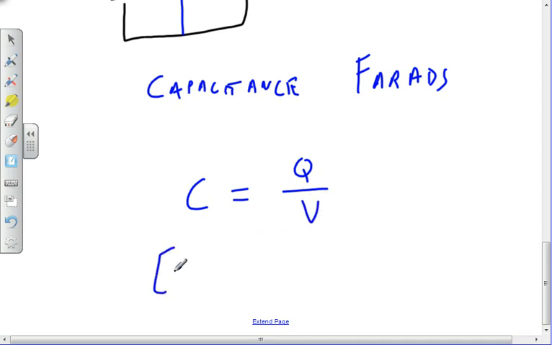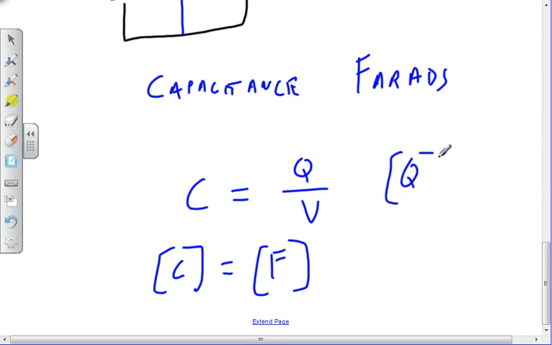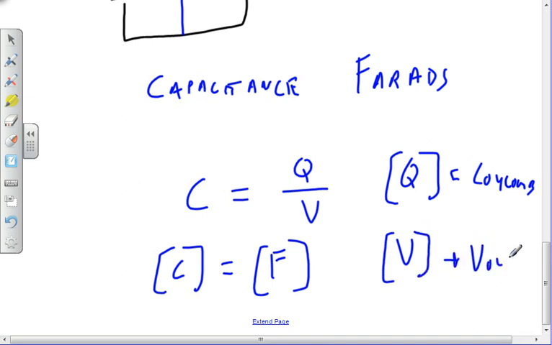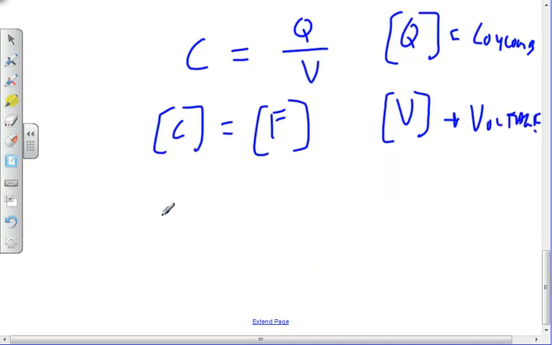The capacitance has a unit of farad, the unit of charge is coulomb, C-O-U-L-O-M-B, and voltage is voltage. That seems reasonable. 1 farad is 1 coulomb per volt.